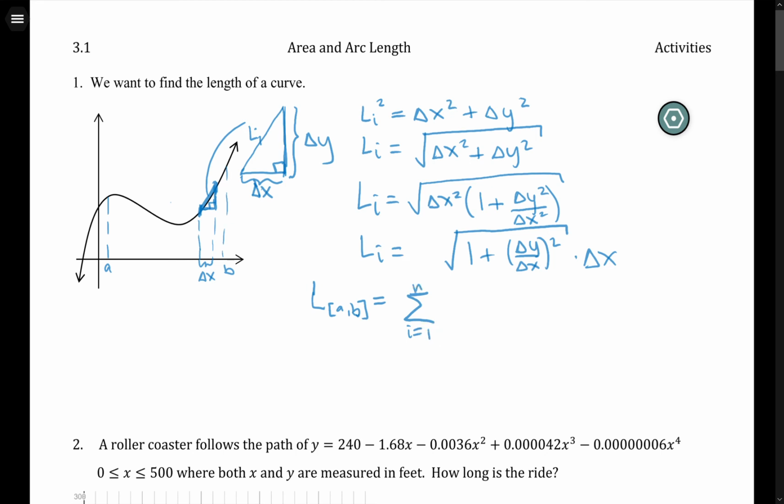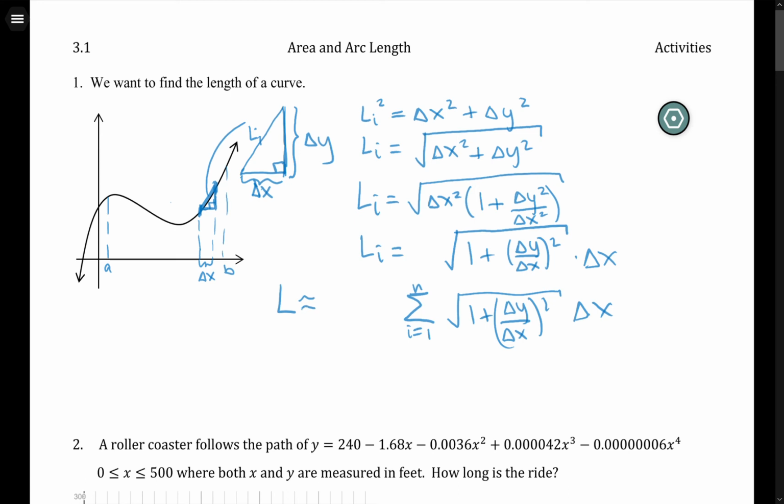We're not going to start at n, we're going to stop at n. We're going to add up all of these. So that would get us an approximation of the entire length.